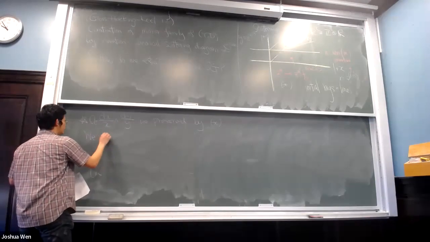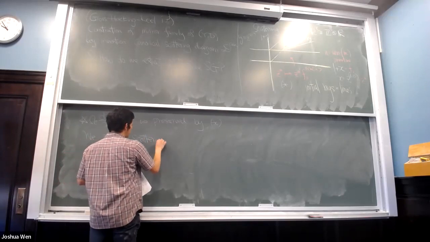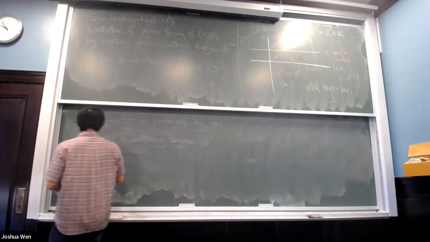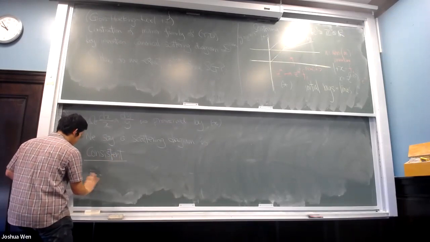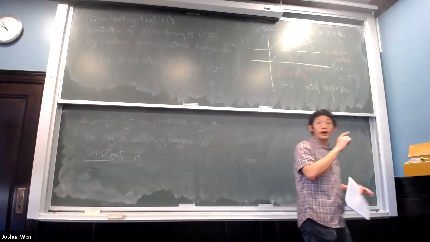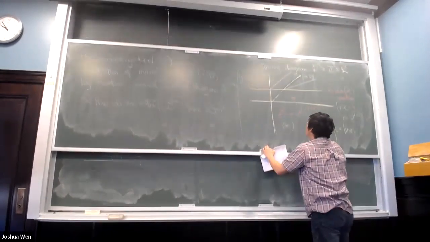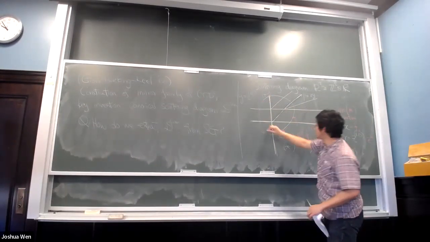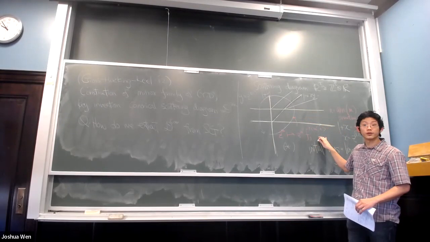We say a scattering diagram is consistent if, for every loop I draw in the diagram, every time I cross a ray, I have a transformation.